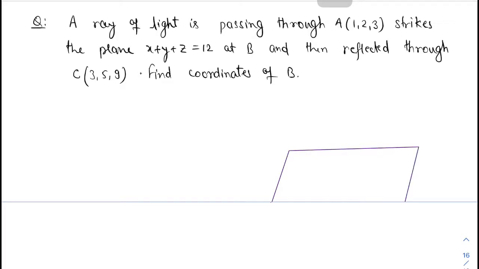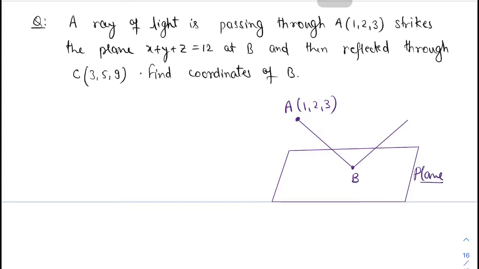Let us consider this to be our plane, which is basically a reflecting plane. One side is polished, and whatever light ray comes from the other side will get reflected towards the same side. So this light is coming from (1, 2, 3), and it strikes the point B on the plane.